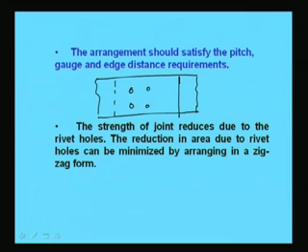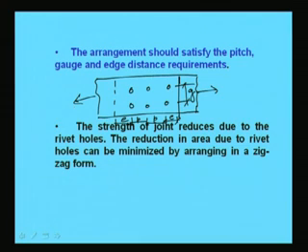Suppose we have a rivet joint here. This is the edge distance, this is the pitch distance, and this is the gauge distance, which also has to be as per the codal provision.